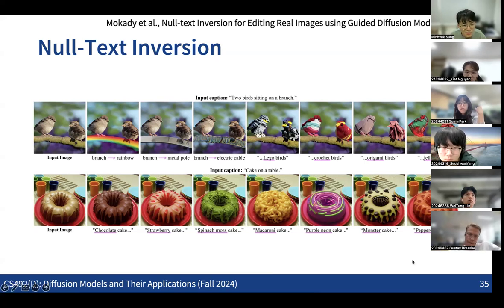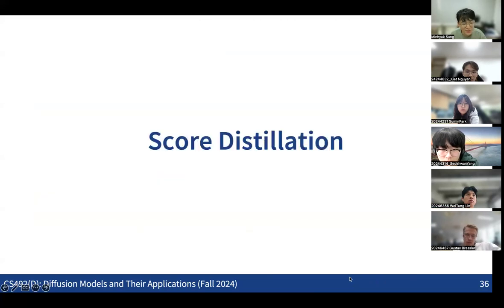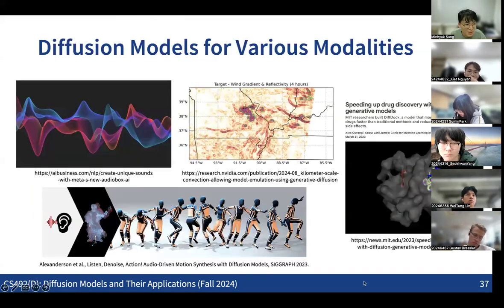Okay, then let me move on to the main topic for today's lecture, which is score distillation. This is the more important topic for today. What we have discussed so far was mostly about playing with images, right? But diffusion models are not only generative models for images; they can be applied to many different types of data. We have also seen a bunch of examples in the first lecture of this class.